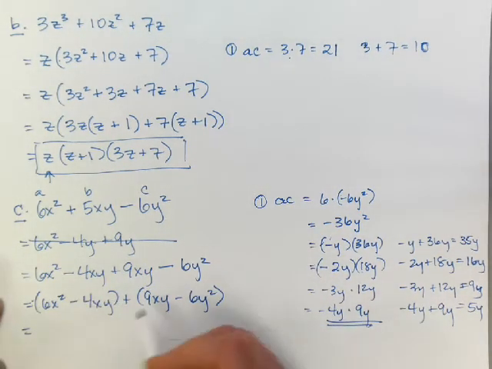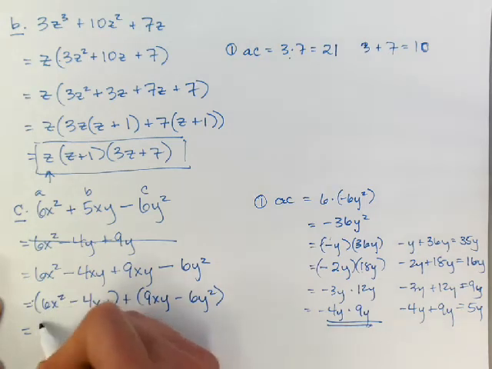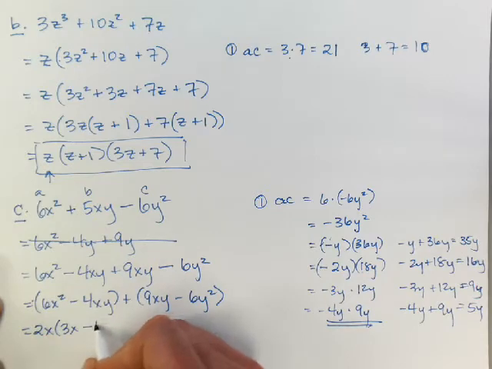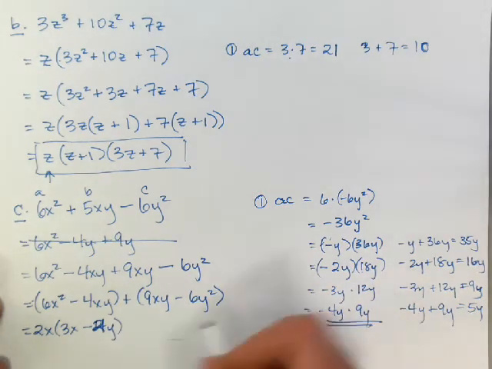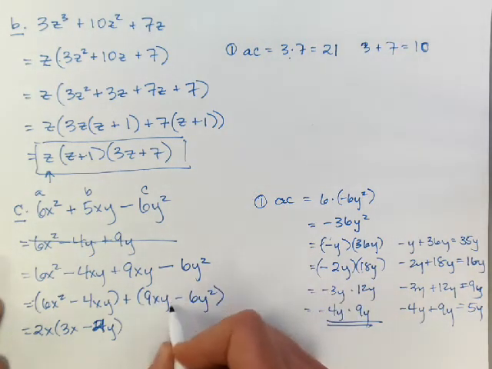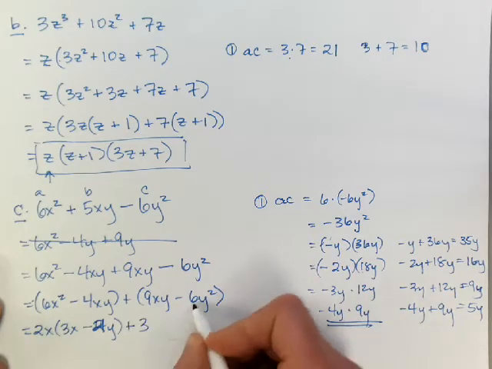Okay, what can we factor out of here? So we can get a 2 and an x, I think. So 2x, we're left with 3x minus 4y. Oh, 2y. Making all kinds of mistakes now. Okay, so then here we could factor out 3 and a y.